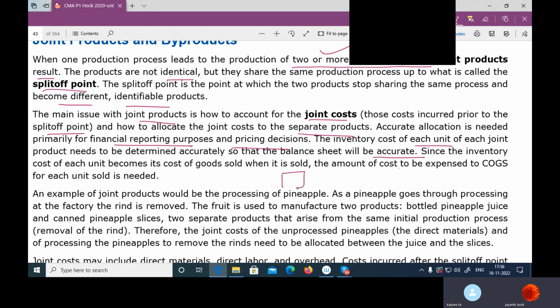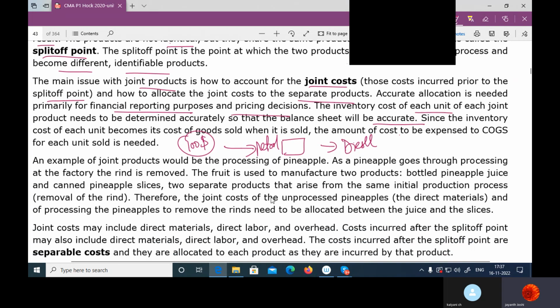If you have incurred some $100 for processing that entire crude oil, and two products have come out, petrol and diesel, you have to apportion how much is the petrol cost and how much is the diesel cost. So there should be a good methodology so that accurate cost of two products can be known, and there will be no problem in accounting and showing them in the balance sheet as inventory.